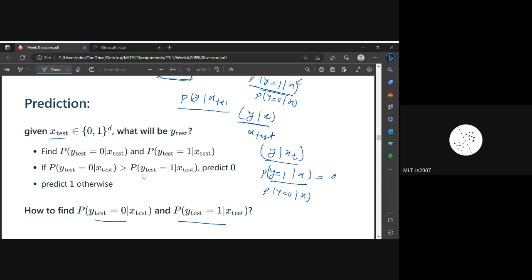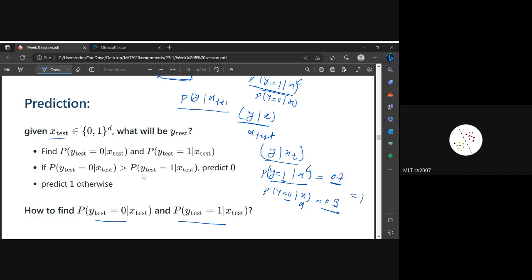Let's assume one is 0.7 and the other is 0.3. It means that for a data point, the chance of being in class 1 is 0.7, and for the same data point, the chance of being in class 0 is 0.3. So what label will you assign for that data point? Yes, 1, the higher probability.